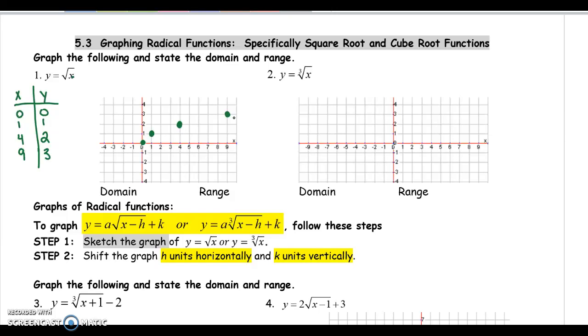If you remember from yesterday, the square root graph curves up like this in the positive first quadrant and does not continue left of that 0, 0 point. So it starts at 0, 0 and curves up and over.